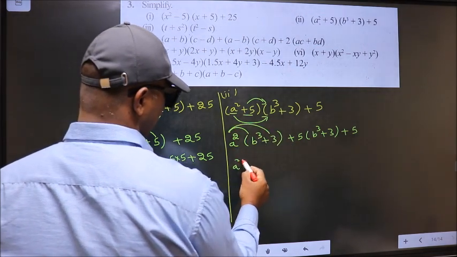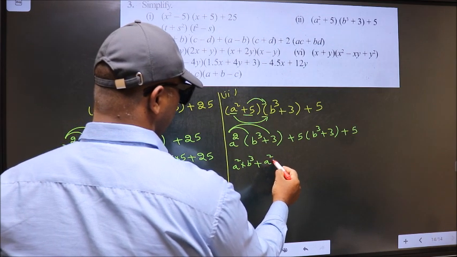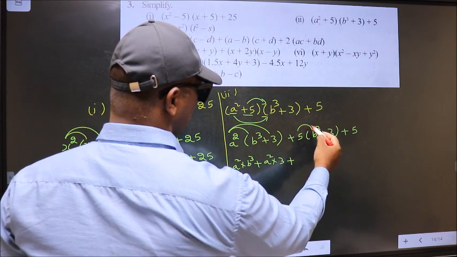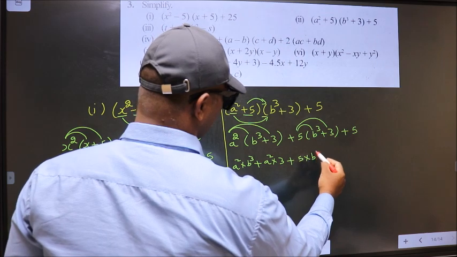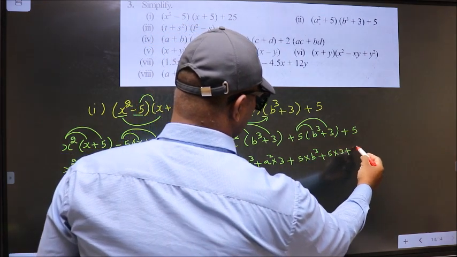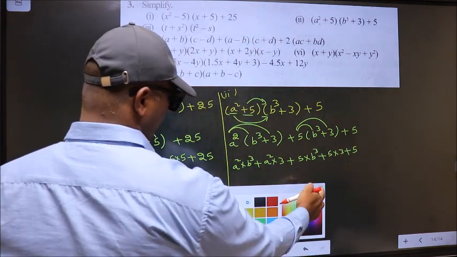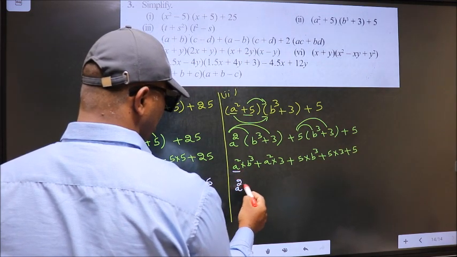We get a square into b cube plus a square into 3 plus here you open the brackets with plus 5. So 5 into b cube plus 5 into 3 plus 5. Now here we have a only once, so that will remain.